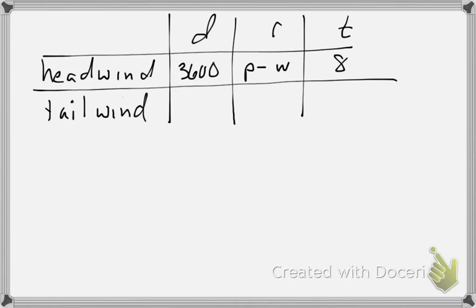Then with the tailwind, we covered that 3,600 miles in 6 hours. You guys agree? That was when the wind was working with the plane. Do you guys see how I put that together? When you were flying against the wind, it took 8 hours to cover that 3,600 miles. When the wind was working with you, it took 6 hours to cover that 3,600 miles.